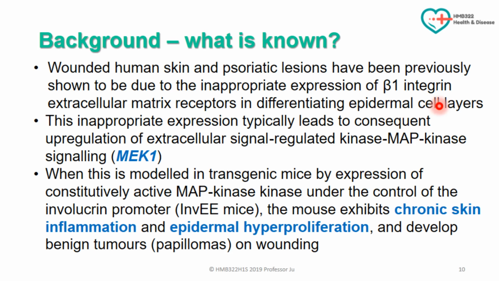When you think of wounded skin, you automatically think of integrin beta-1, or if you think of psoriasis, you should be thinking of beta-1 integrin. And these are, again, extracellular matrix receptors that are in differentiating epidermal cell layers.